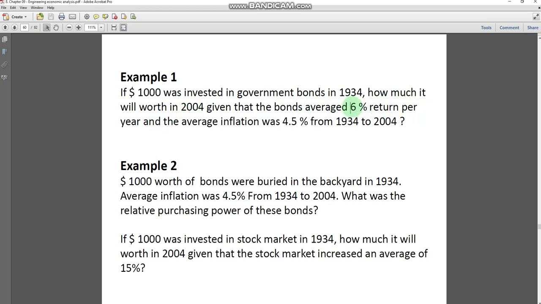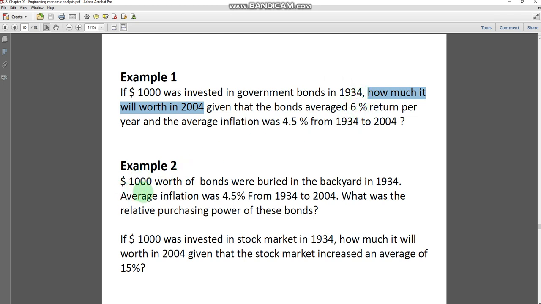So this is the interest rate that you would have, and the average inflation is 4.5% from 1934 to 2004, okay. So you have to see how much it is worth in the year 2004 by including the inflation also, and you are also provided with the value for the interest rate, okay. So it is quite simple.